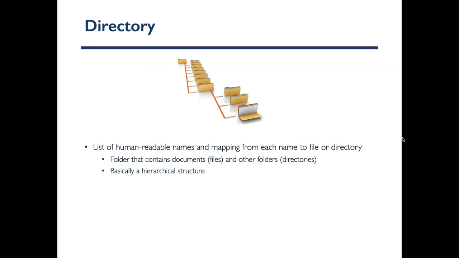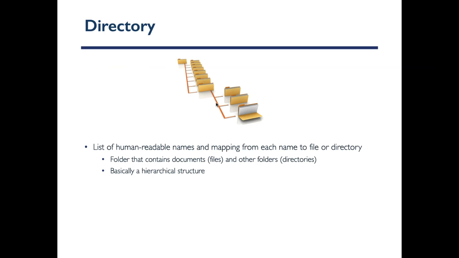If you want to have a good sense of what directories are, they're usually, not always, basically a tree structure, a hierarchical structure, where you have folders that contain documents.